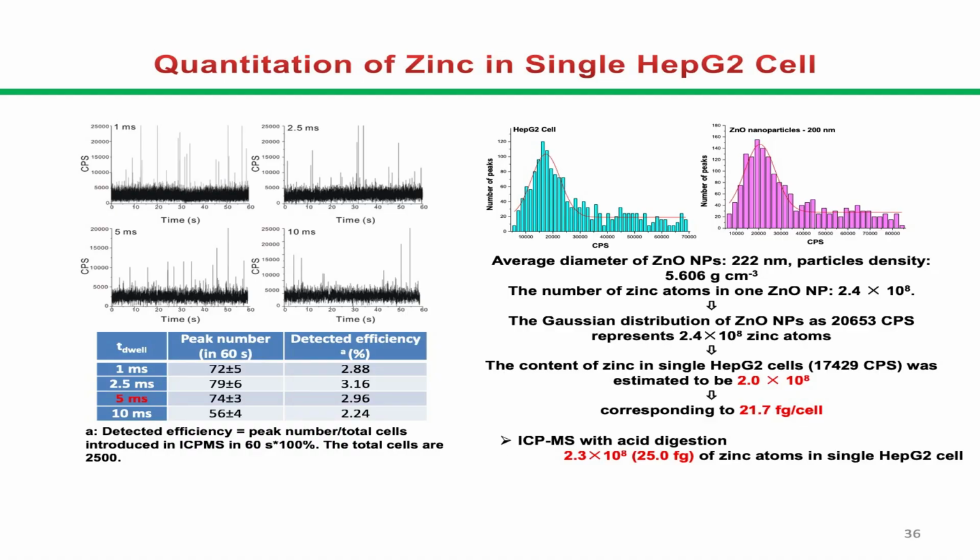And then we try to optimize the dwell time for single cell detection, and then we get the pulse peaks, and then through mathematical transformation into figures like this. And then we use 222 nanogram zinc oxide nanoparticle as a calibration standard.